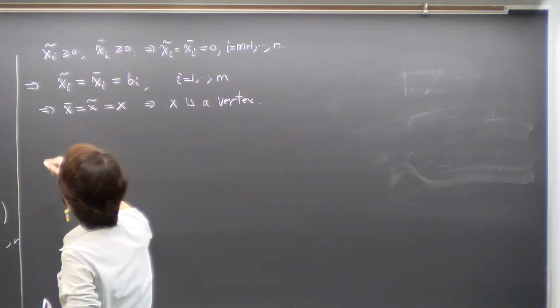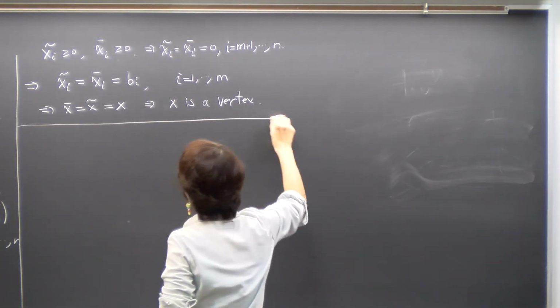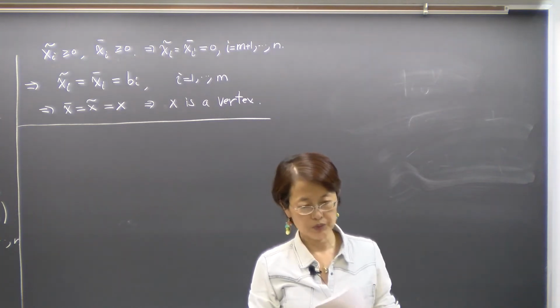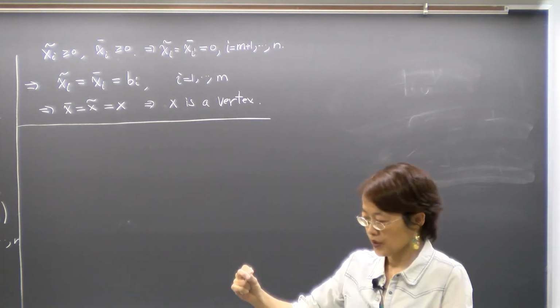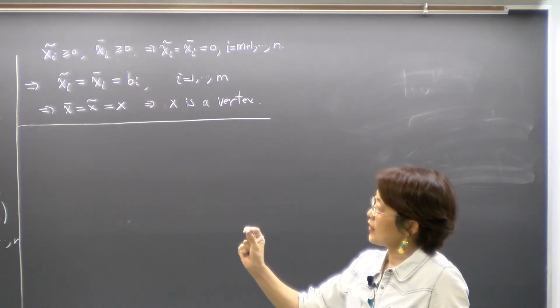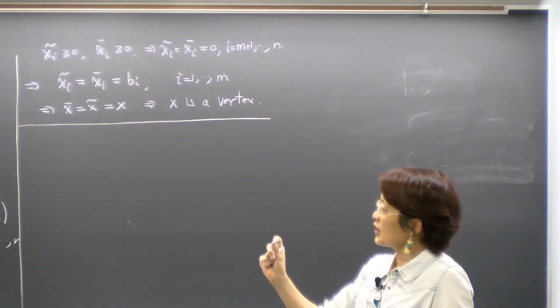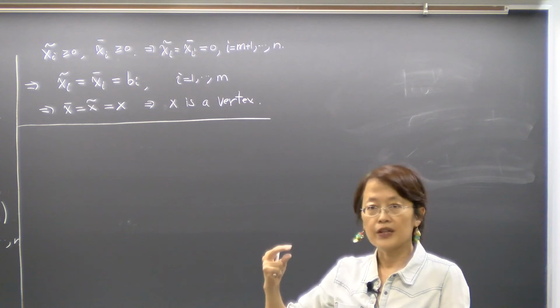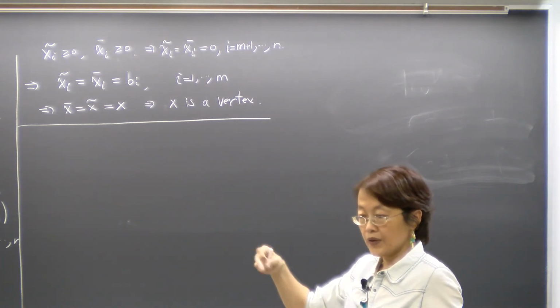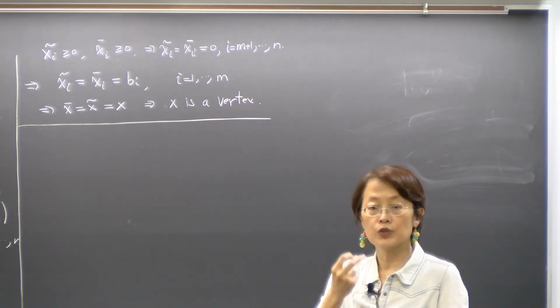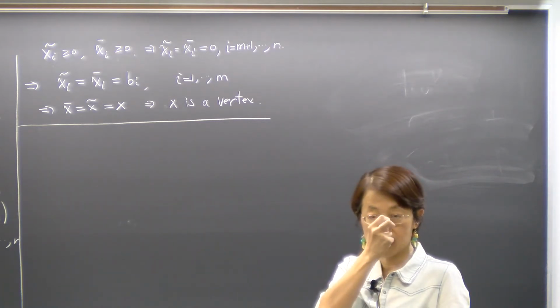So in the simplex algorithm, thinking back to what we did, we start from a basic feasible solution, which now we know is a vertex of the feasible region. And then we did pivoting, and we exchange one basic variable with another, and we move to another basic feasible solution.